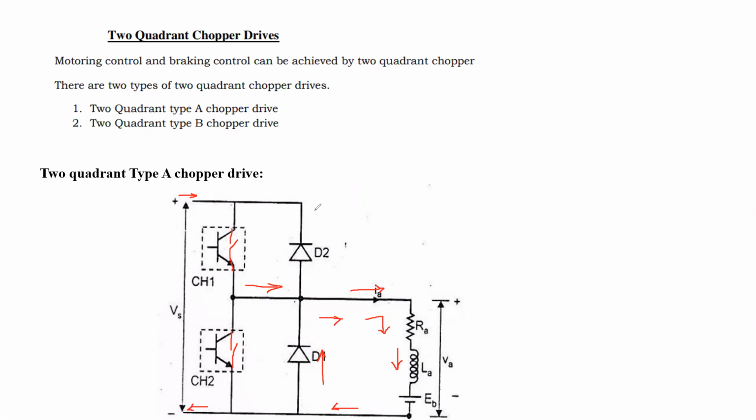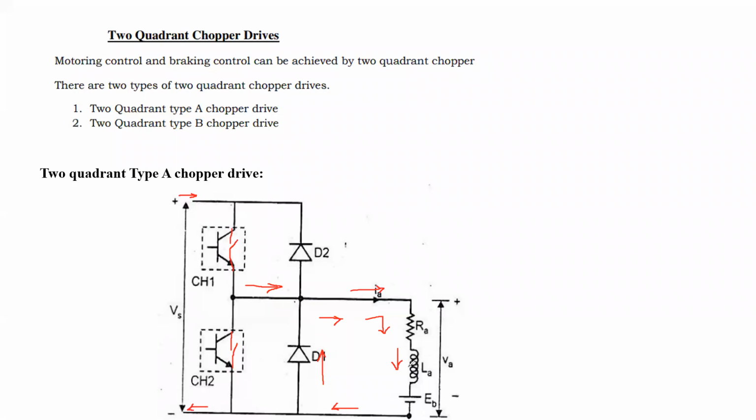That means by using the back EMF, EB, we have to turn on our chopper 2. And the current flowing path is back EMF, chopper 2, RA and LA. With the help of back EMF only, there is a possibility to turn on our chopper 2. And similarly, when chopper 2 is in turn off condition, then diode D2 comes into working mode.